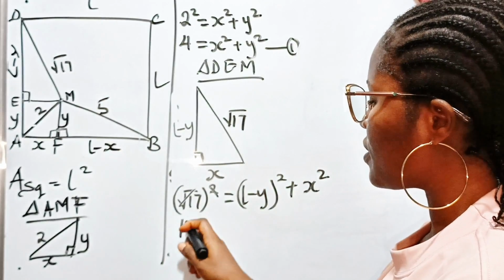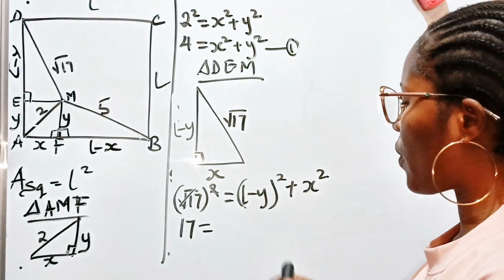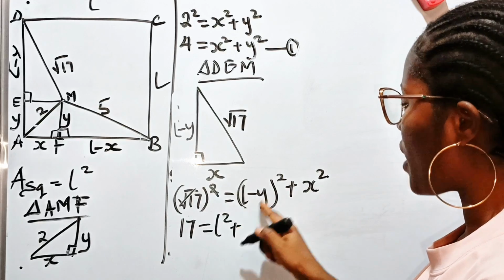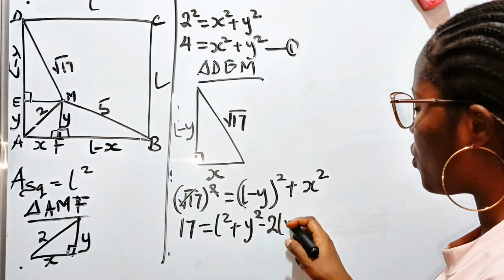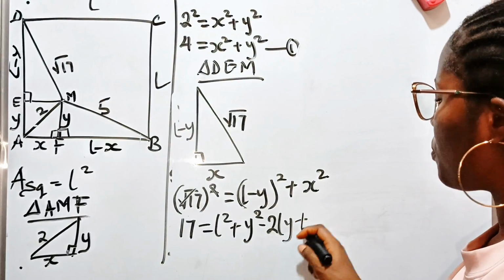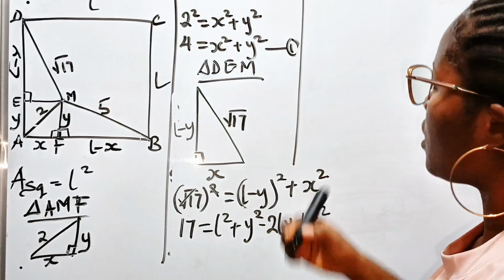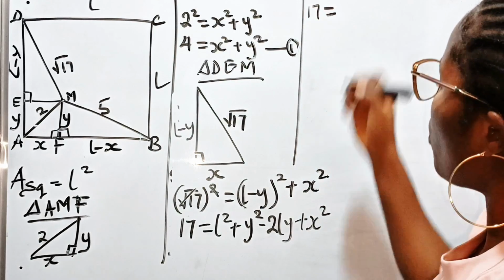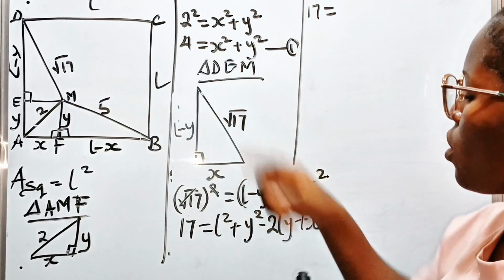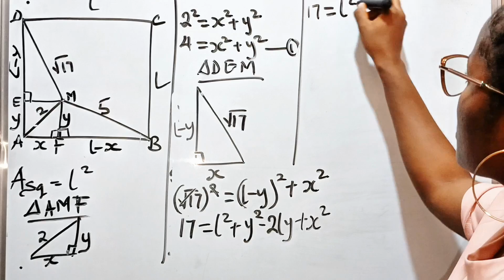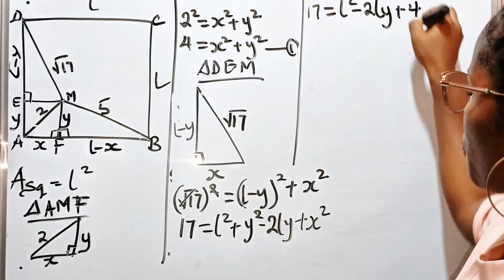So that means 17 is equal to, we've already expressed this as L squared plus Y squared minus 2 multiplied by L multiplied by Y, then plus X squared. And just like we solved initially, 17 will be equal to, now y squared plus x squared is 4, so we are going to have L squared minus 2ly plus 4.